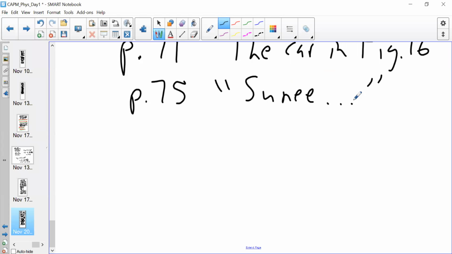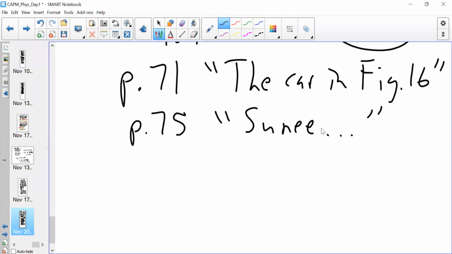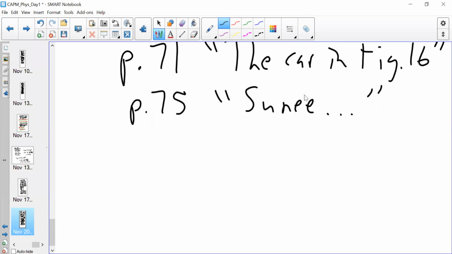Okay, we're doing car in figure 16, but I want to do the area under curve one, the one we didn't do, which is the Sakazi problem, because we need to see how that works, because we're going to be using that for our project in some capacity.